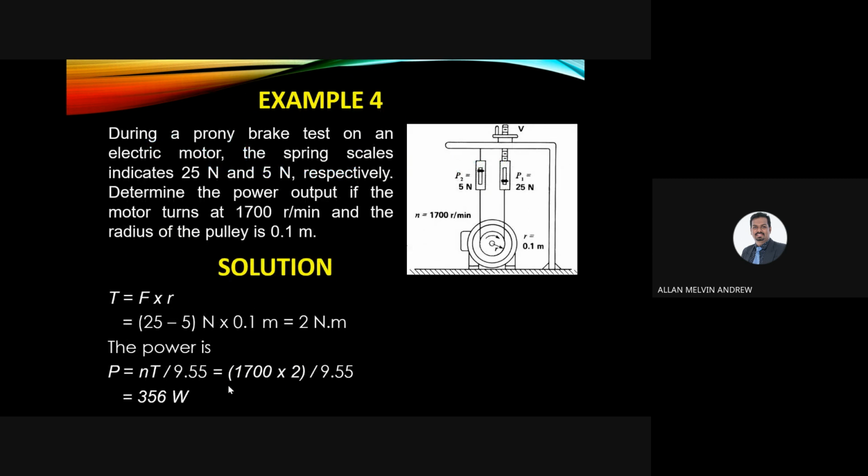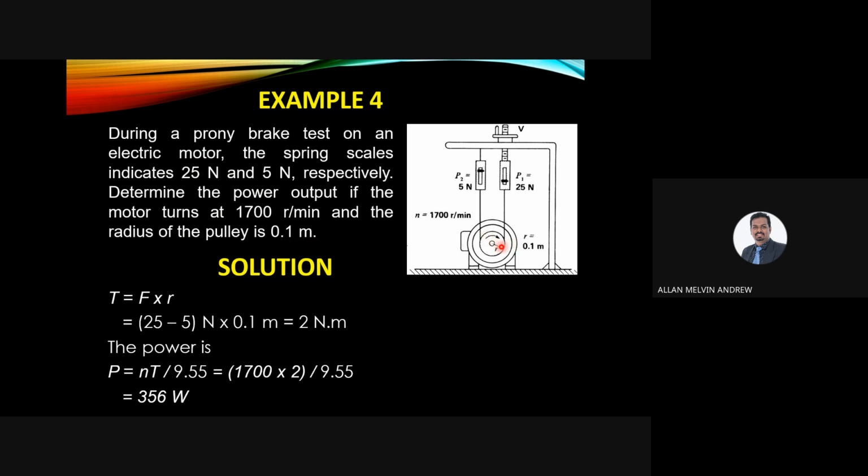Example 4. During a prony brake test on an electrical motor, the spring scales indicate 25 Newton and 5 Newton respectively. Determine the power output if the motor turns at 1700 RPM and the radius of the pulley is 0.1 meter.